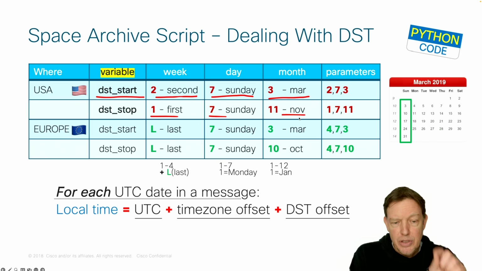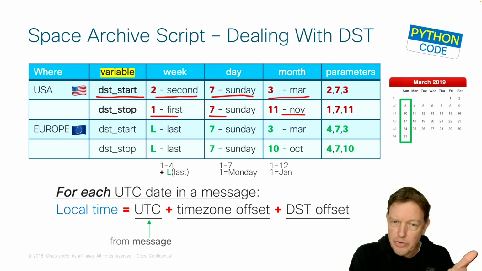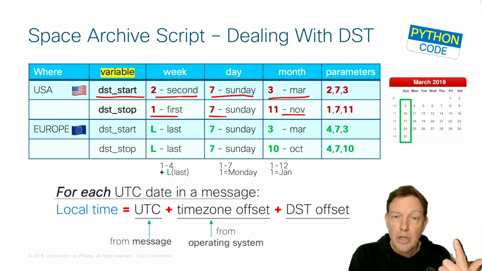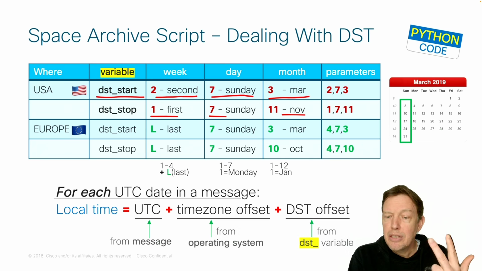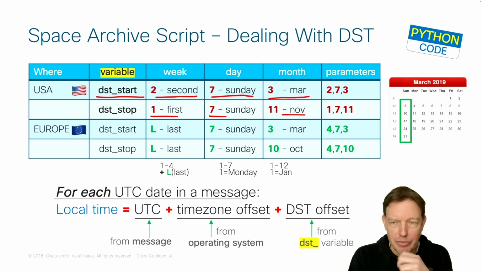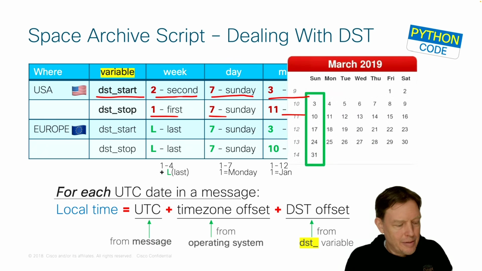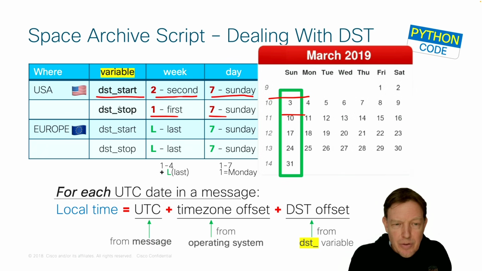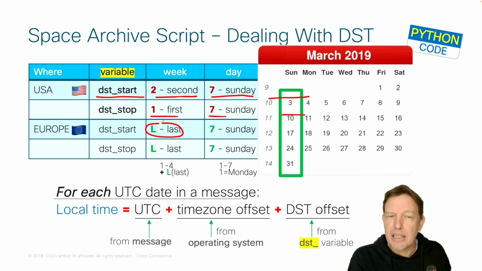The local time is UTC, which comes from the message, plus the time zone offset coming from the operating system, plus the DST offset coming from these variables. As you can see right there, for the European configuration, I added a parameter called last.